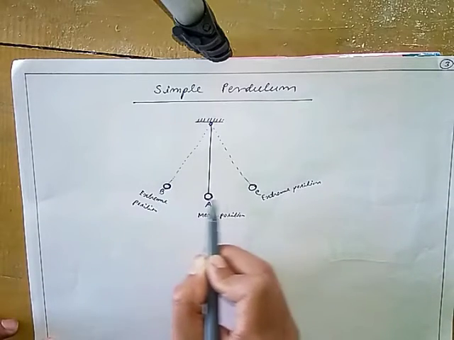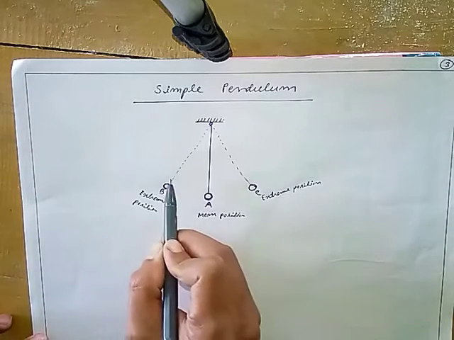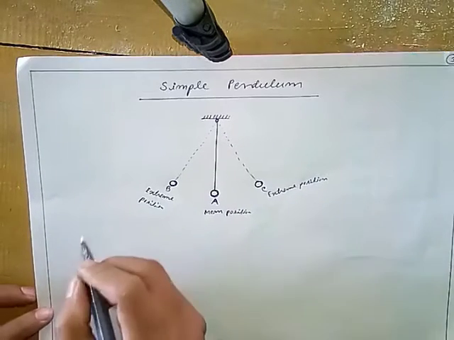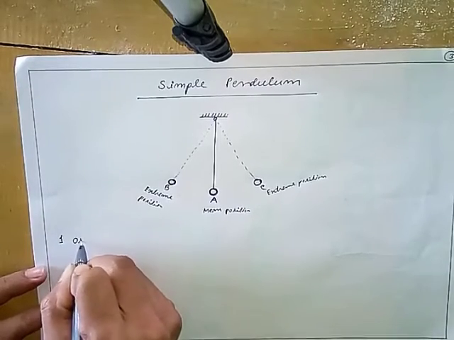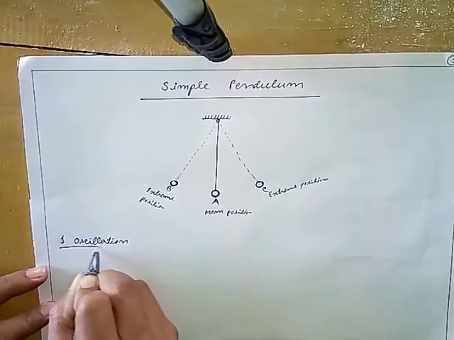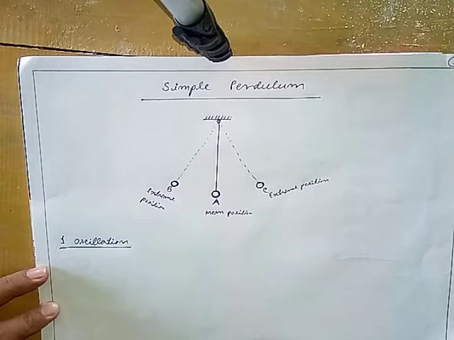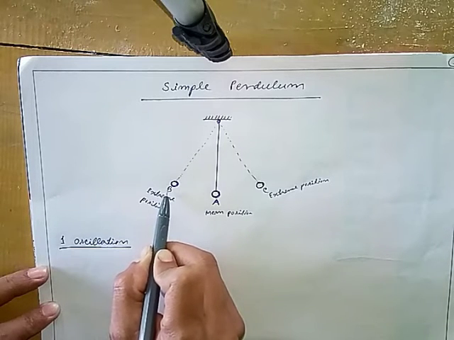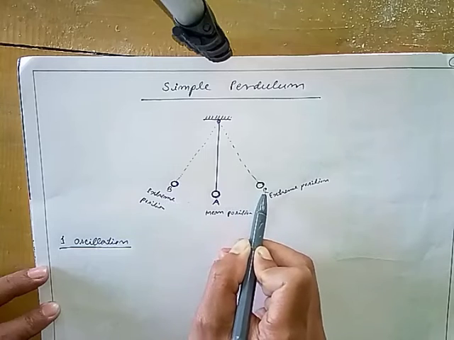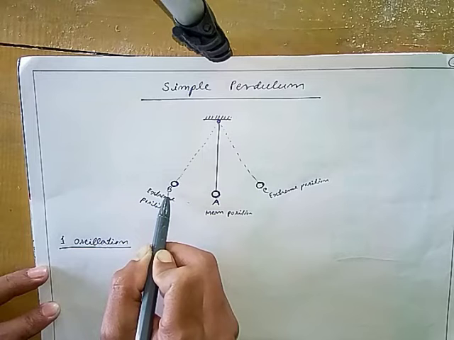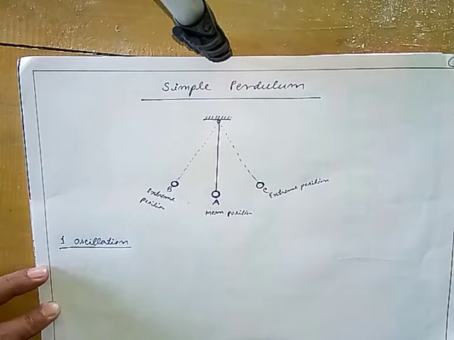This to and fro motion of a pendulum is known as oscillation. Now what is one oscillation? When can we say that the pendulum completed one oscillation? When the pendulum moves from position B to position C and again comes back to position B, then that is known as one oscillation.